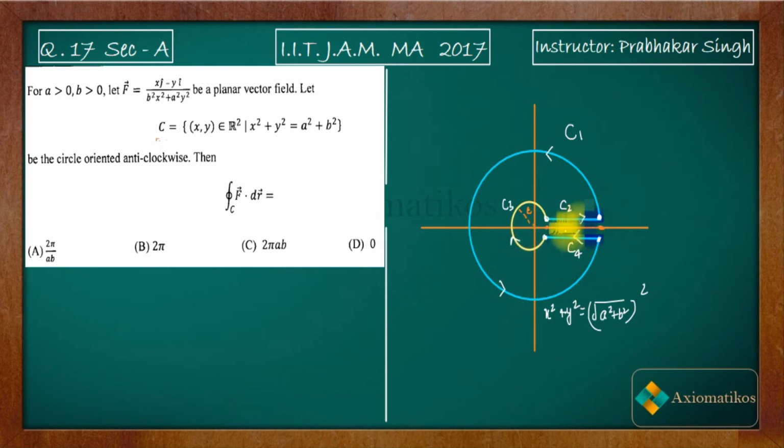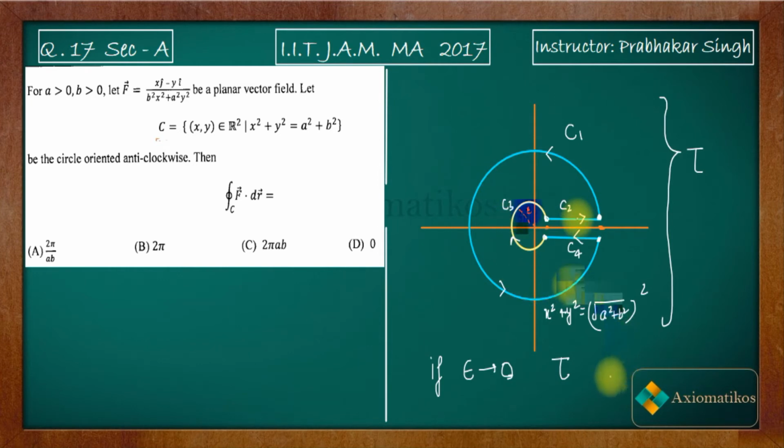Now firstly try to understand what is happening. If epsilon goes to 0, let us say this complete thing that I have drawn for you, the path, we are representing it as tau. So if epsilon goes to 0, your tau will actually go toward the original C. Are you getting my point or not?